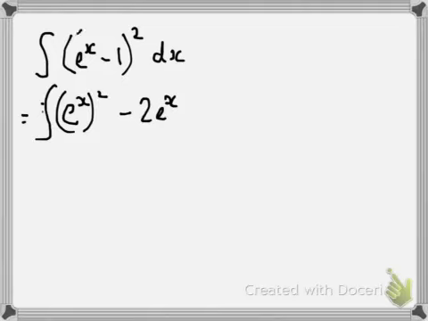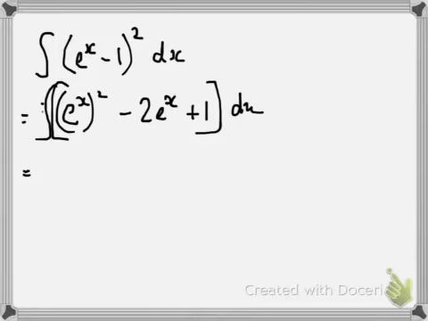Remember, when we're expanding with a squared situation, we multiply those two together and double it. And then we've got plus 1, and put a square bracket around all of that, dx.